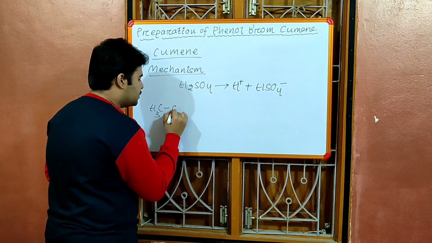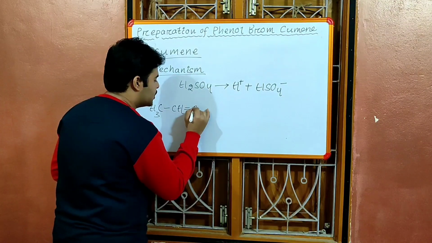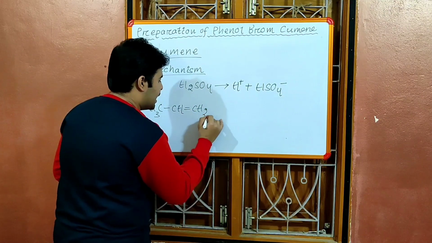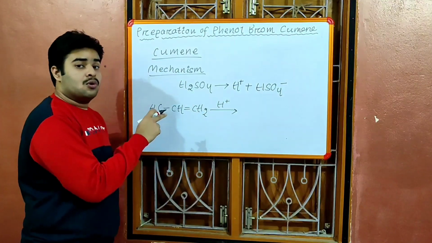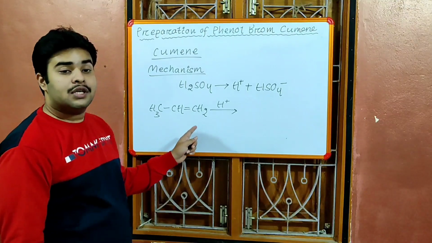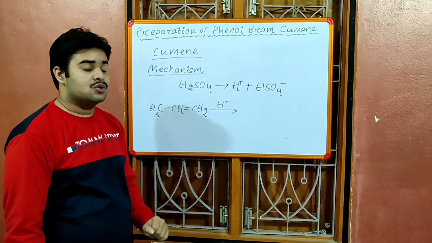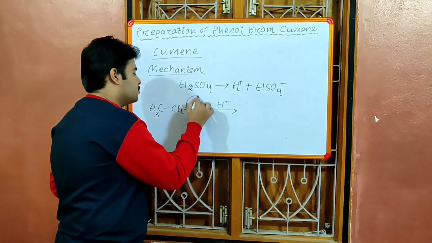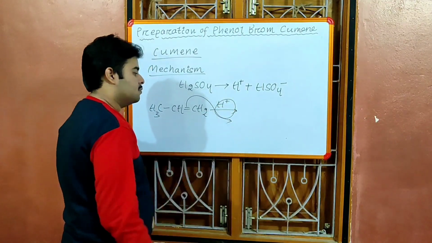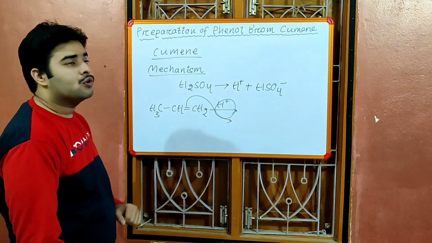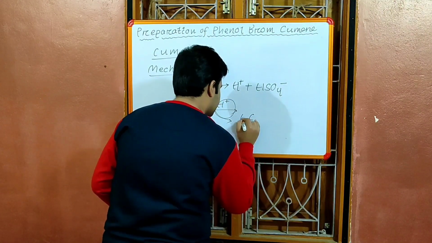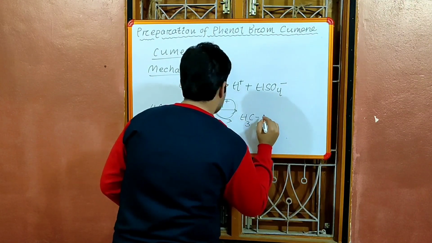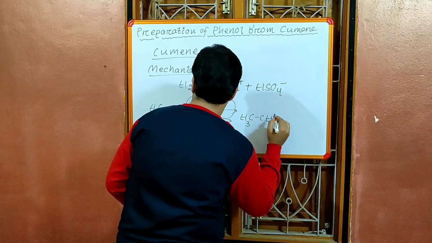It is our propene and here are the double bonded carbons. As there is the presence of one proton, there is also the tendency of either of the two carbons to abstract that proton. So what happens? Like this, the abstraction of proton happens. So what happens after this? Our product will be this.